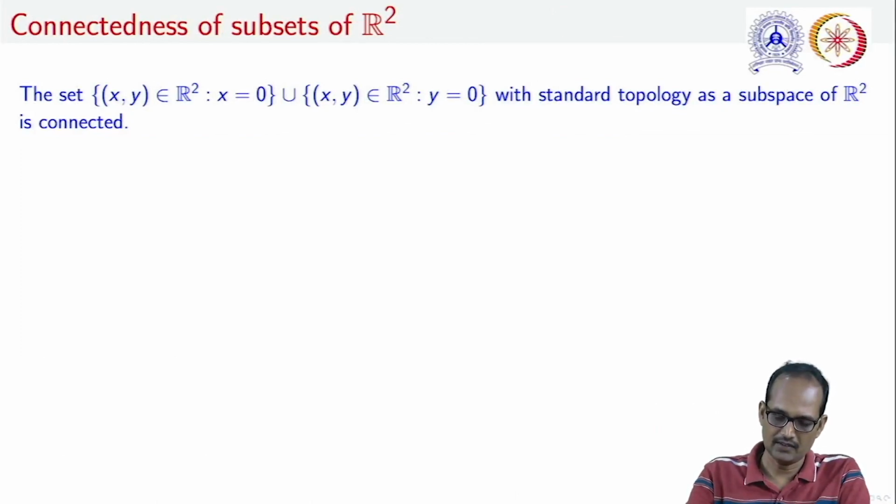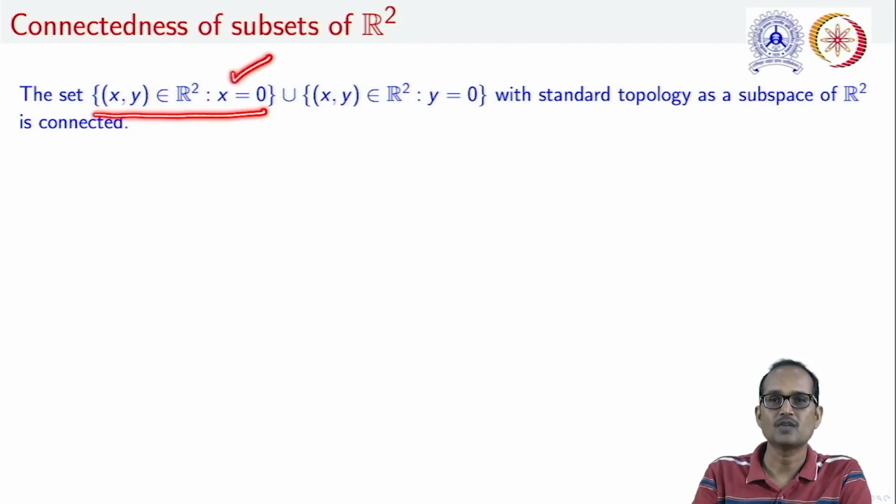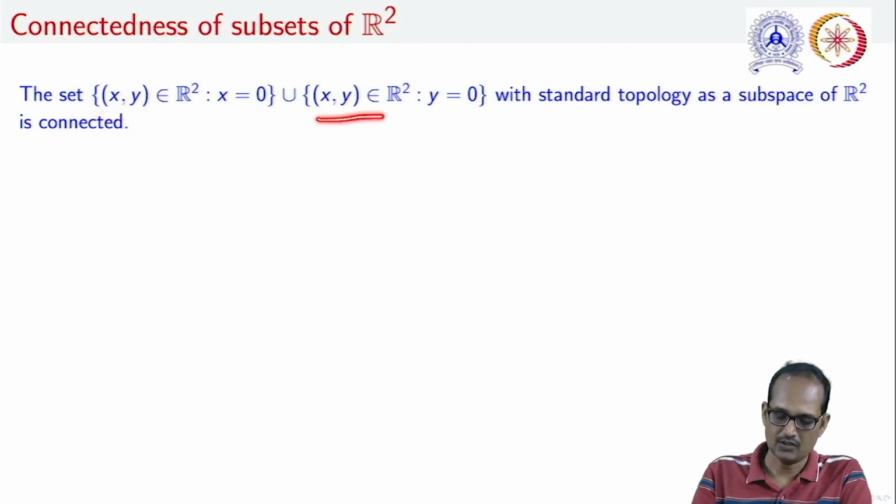Let us take another example that is inspired from the previous one. If we are taking the union of two sets, the first one is the collection of all ordered pairs in R2 such that x is equal to 0, and the second is all those points in R2 such that y is equal to 0, with standard topology as a subspace of R2, we can justify this is also connected.